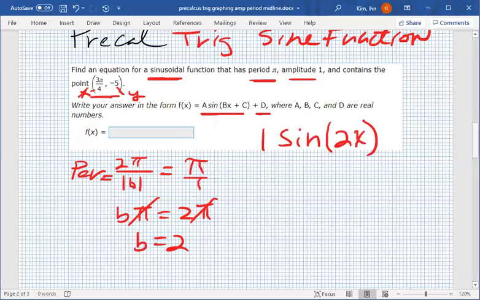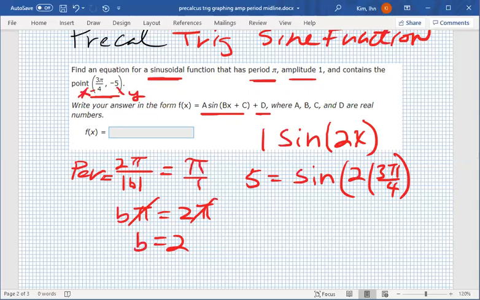So y, the f of x is y, so 5 is going to equal sine of the x value, which is 2 times 3 pi over 4.